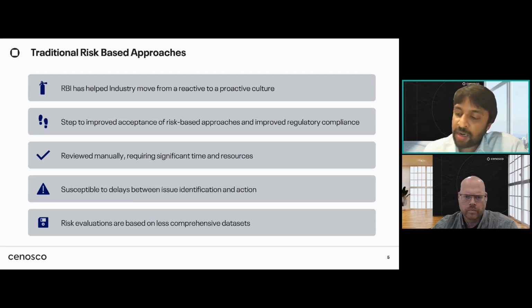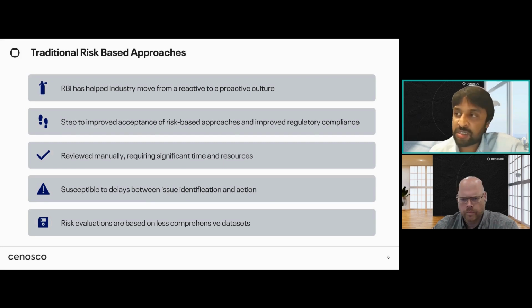Maybe there are RCAs happening on the sites, but in reality, RBI takes some time in terms of being updated and so on. So there's usually a bit of a gap or a delay between what was identified and the action of updating the RBI programs, right?